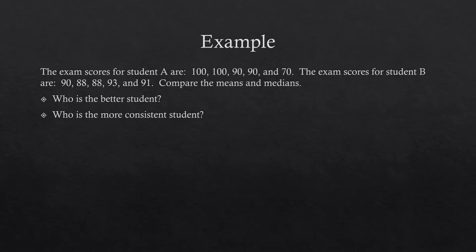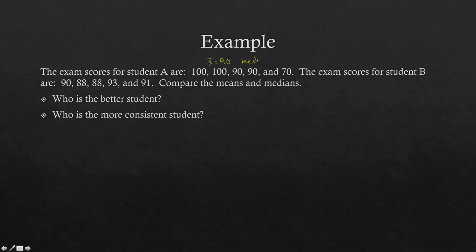Alright, if you were to add up for student A all these numbers and then divide by 5, you would get that student A has an average of 90. So student A has a mean of 90.